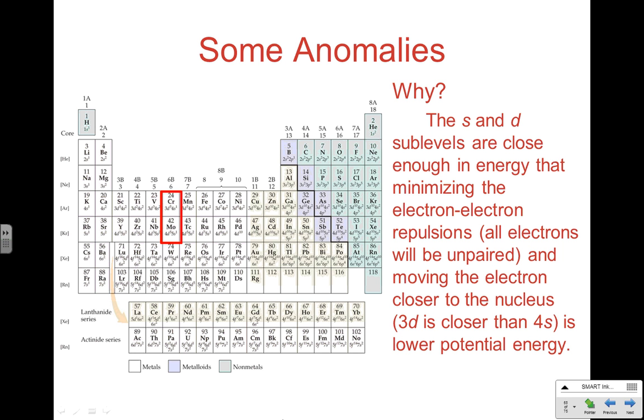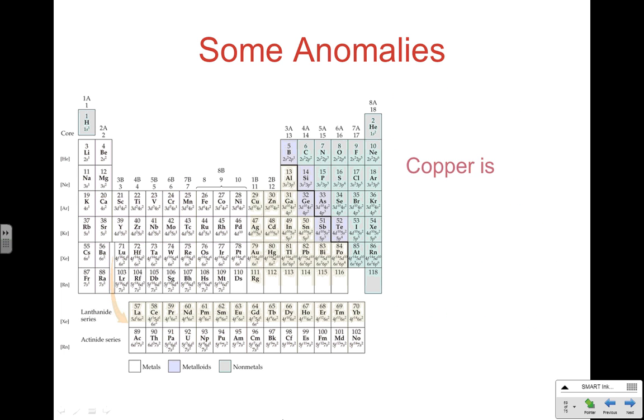So what really happens is it's more stable to exist as unpaired, with lower electron repulsion: only one electron in that apartment, 4s, and then 5 unpaired 3d electrons. It happens because 3d is close in energy to the 4s, and remember that second electron in the 4s is going to be higher in energy. So doing that is actually lower in overall potential energy, and that's why it happens.